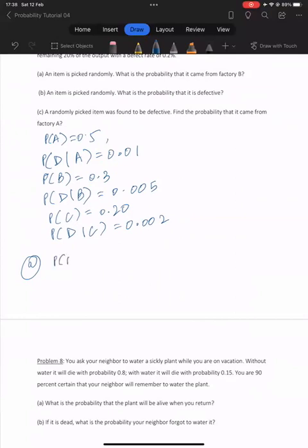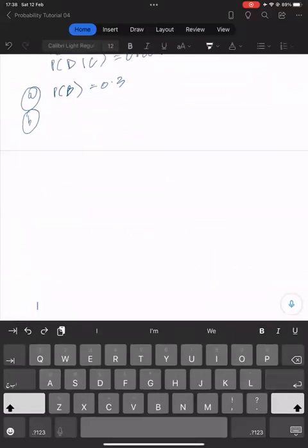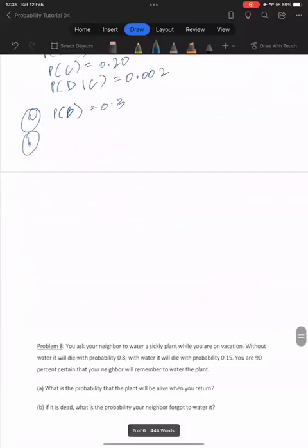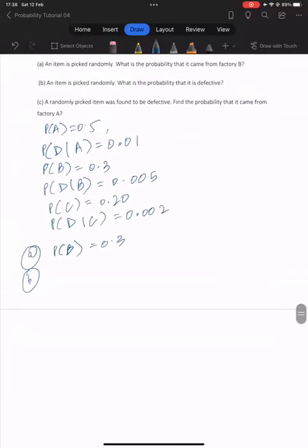So for part B, we पहले space insert कर देते हैं, otherwise it won't let us. So an item is picked randomly. What is the probability that it is defective? ठीक है, total probability का rule use करेंगे हम.